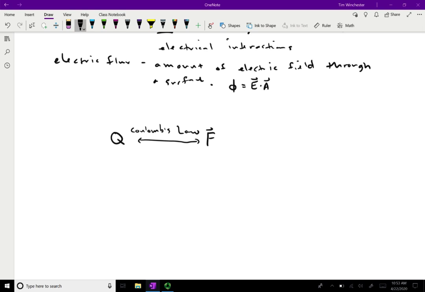The force is related to the electric field by the definition of the electric field. Electric field is just defined to be the force divided by the test charge, and so it's proportional to the force. The electric field is bigger if the force is bigger and smaller if the force is smaller. So that's the relationship between those.